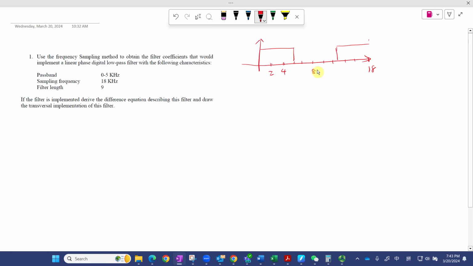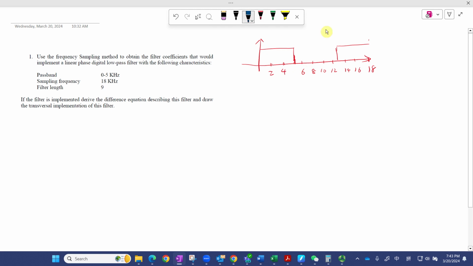Okay, so this is 6, 8, 10, 12, 14, 16. Sorry about the drawing, it's not really in scale, but this is 0 to 5. So this starts from 13, symmetrical against the 9.